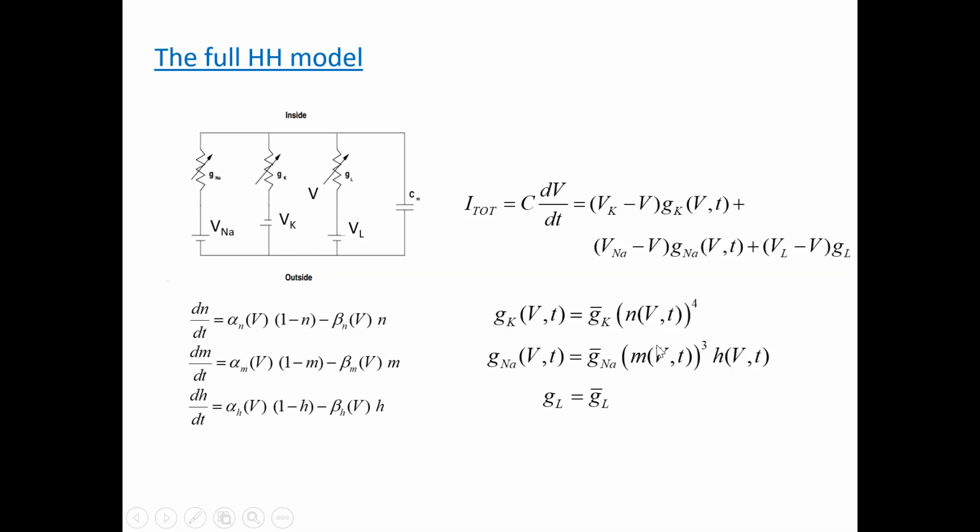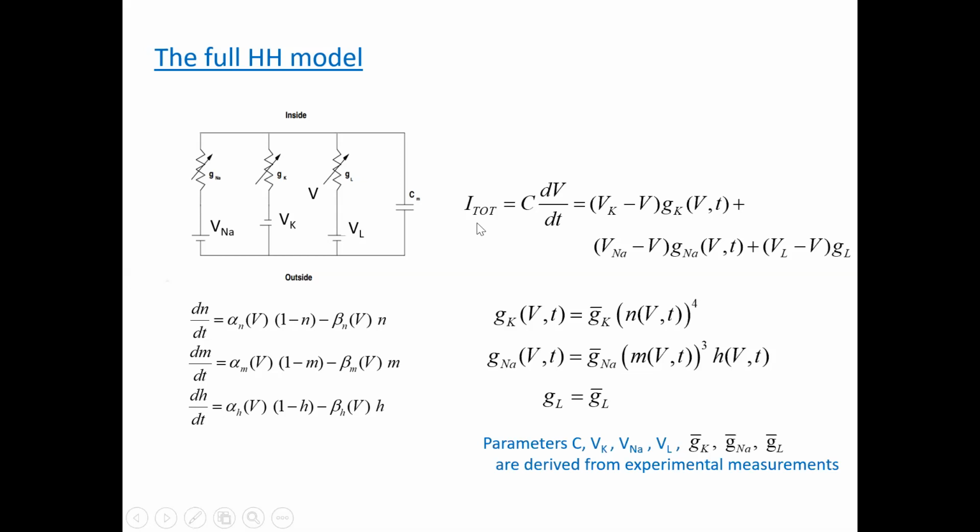For each of these gating variables, we have n, m, and h. We have equations which represent the transfer of gates from open to closed states, and the rates at which those occur are the alpha and beta parameters. Beta being how open goes to closed, and alpha how closed goes to open.